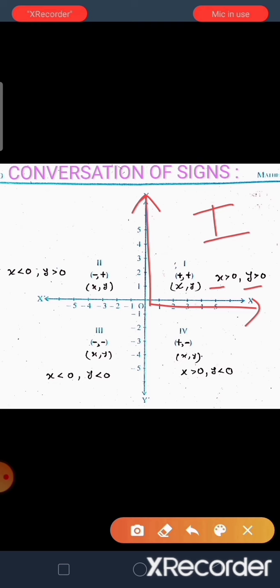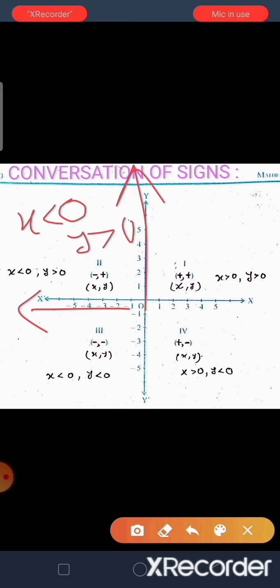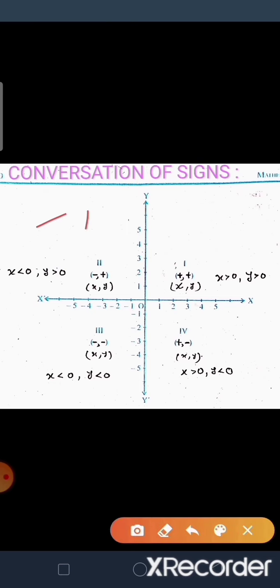Therefore, the points of the first quadrant are always in the plus direction. Similarly, the second quadrant is in OX dash and OY. OX dash means the value of x is negative, less than 0, and the value of y is positive, greater than 0. Therefore, the sign of this quadrant is given by minus and plus, by the ordered pair of x and y.